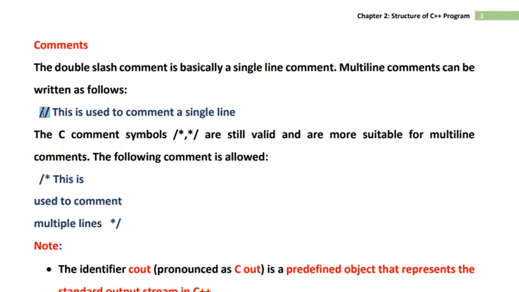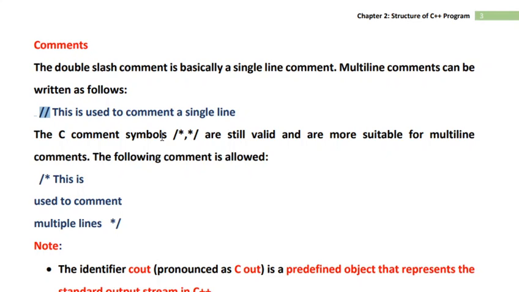Commenting a single line basically means that until a new line character or the next line is encountered, it will comment it. Whatever is there in the next line, it will not comment. So in order to comment a single line, you can use this mechanism, that is double slash.